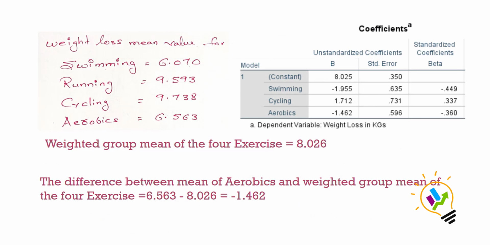Same thing. This is the difference between the mean of aerobics and the weighted group mean of the 4 exercises. Aerobics is 6.563 minus the weighted group mean of the 4 exercises, 8.026. If we take the difference, we are going to get minus 1.462. So this is the unstandardized coefficient for aerobics.